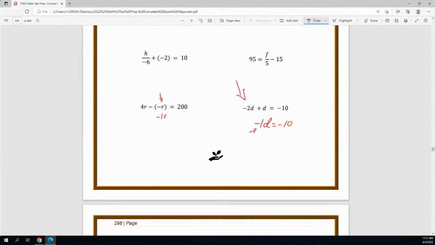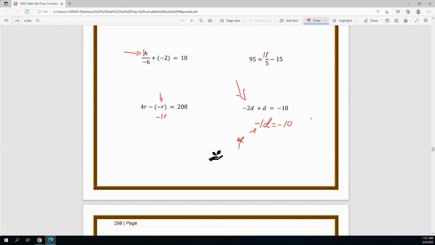Anytime I see a variable, like for instance, that one, you'll say, well, how many h's are there? I'm going to tell you one. And you're going to agree, yeah, that's an h, right? That's one h. It's not just h, there is one h. There is one f. So if you see the variable just by itself, there is a one in front of that.